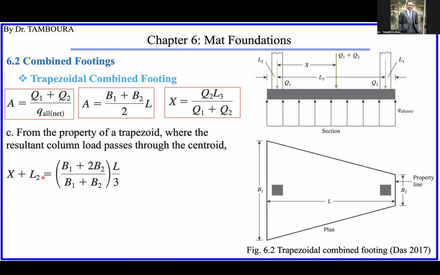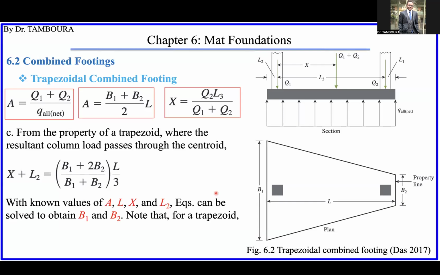It means in this equation, we have only B1, B2 that are unknown, okay? We have the other things. So we know the value of A, of course, we calculate it from here.